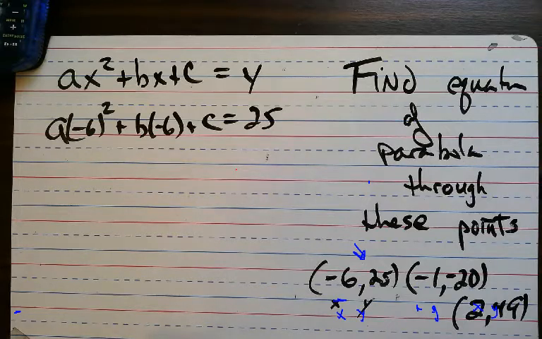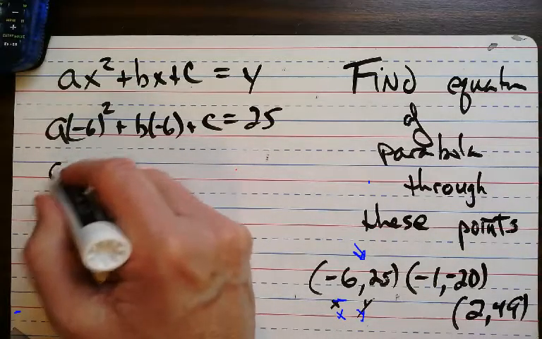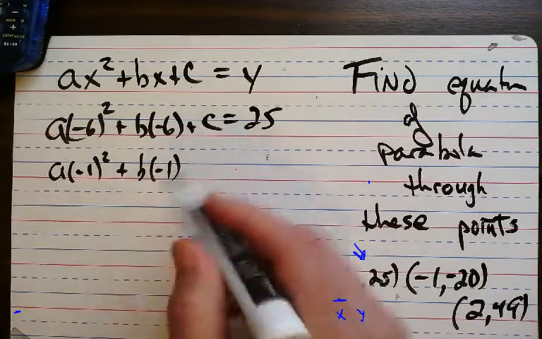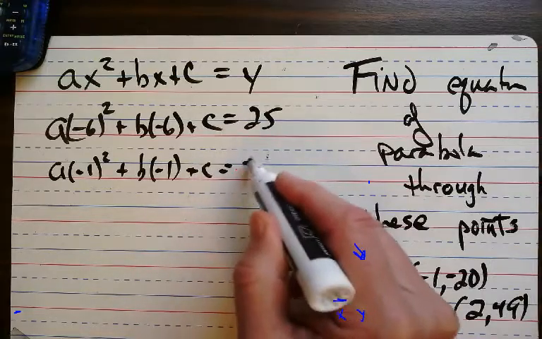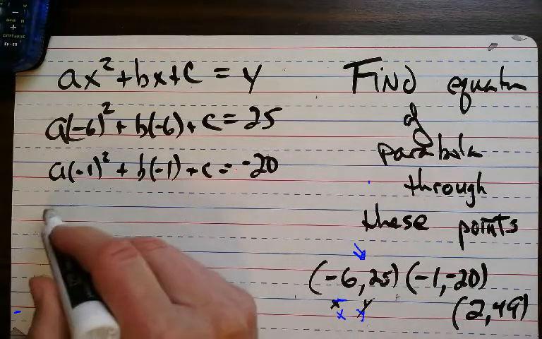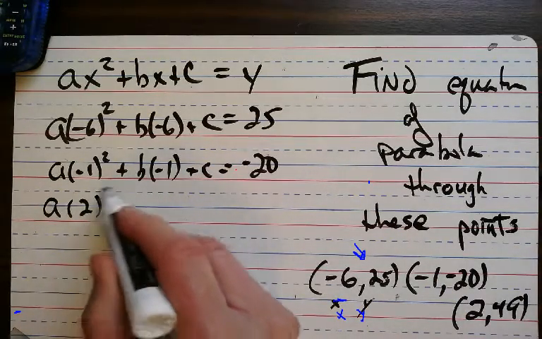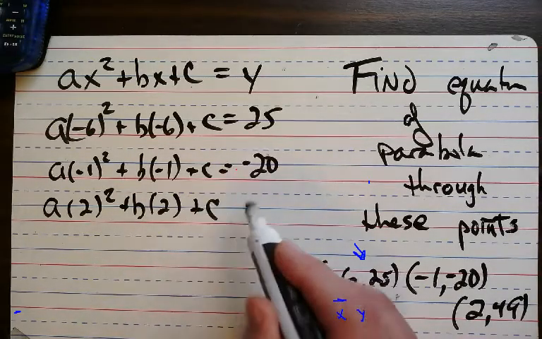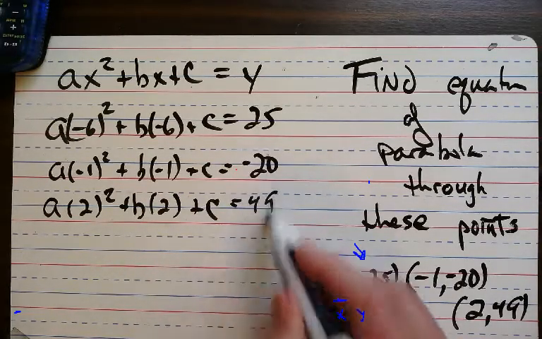All right, so let's do the next one. -1. So a times -1 squared plus b times -1 plus c is -20. And then a times 2 squared plus b times 2 plus c equals 49.